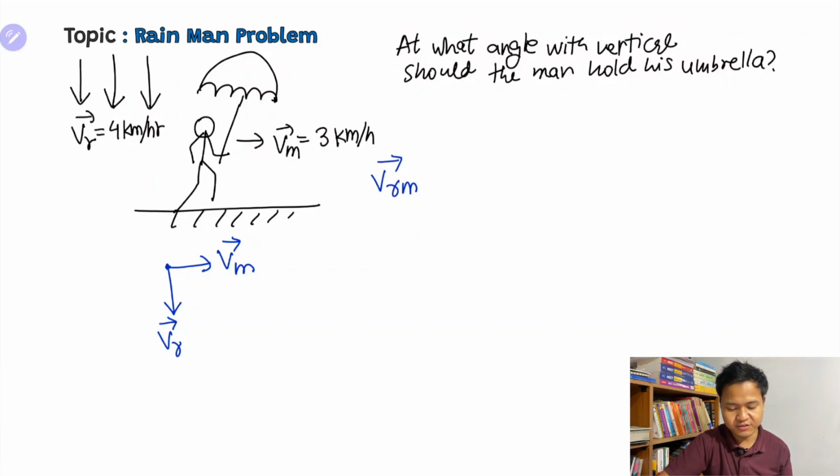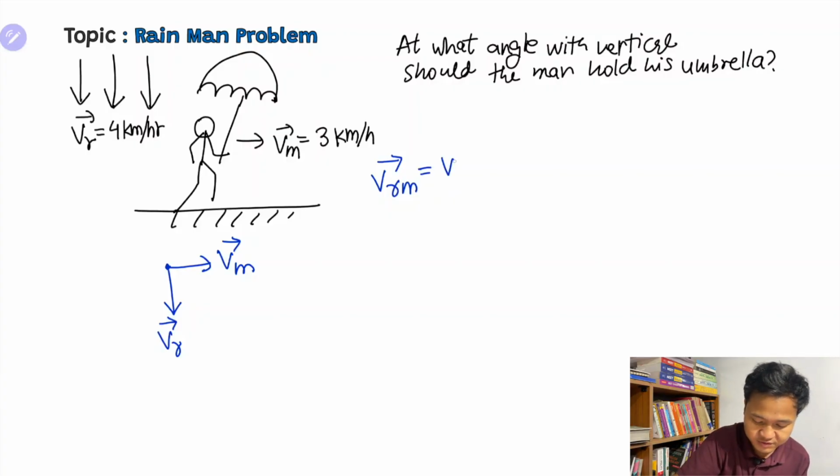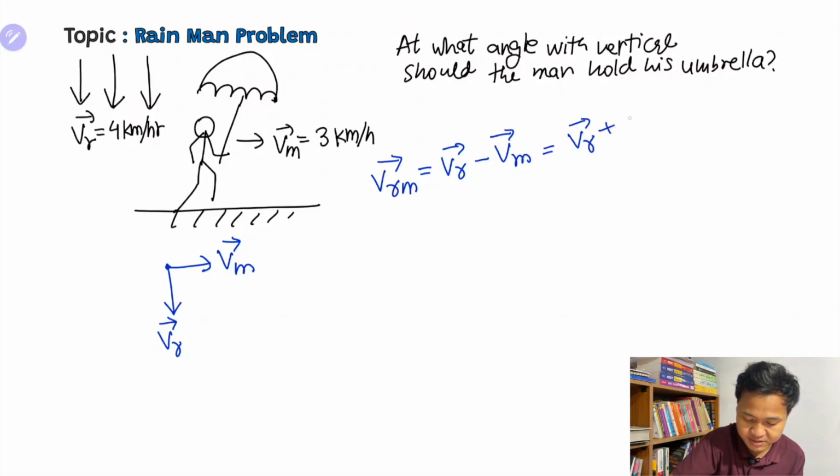If you imagine yourself as the man, how is the rain falling? So there is the velocity of rain with respect to man. This is velocity of rain plus, not plus, minus velocity of man. So this one I can write as velocity of rain plus minus velocity of man.